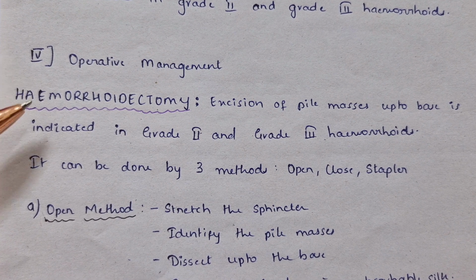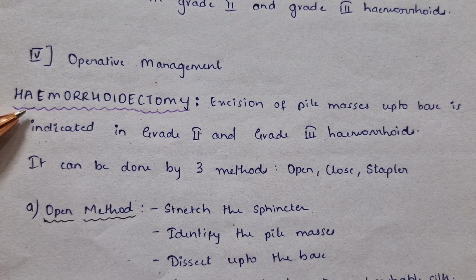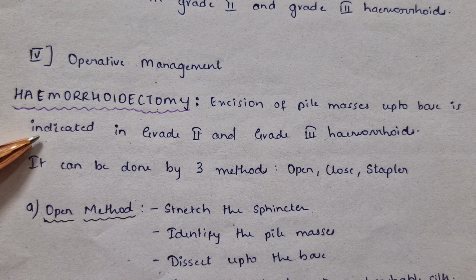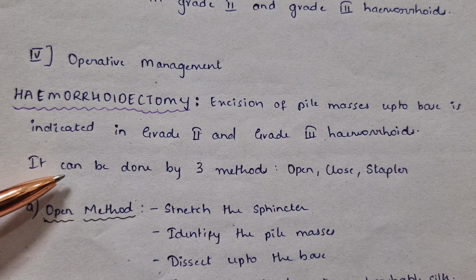Operative management includes hemorrhoidectomy. Excision of pile masses up to the base is indicated in grade 2 and grade 3 hemorrhoids. It can be done by 3 methods: open method, closed method, and by stapler.